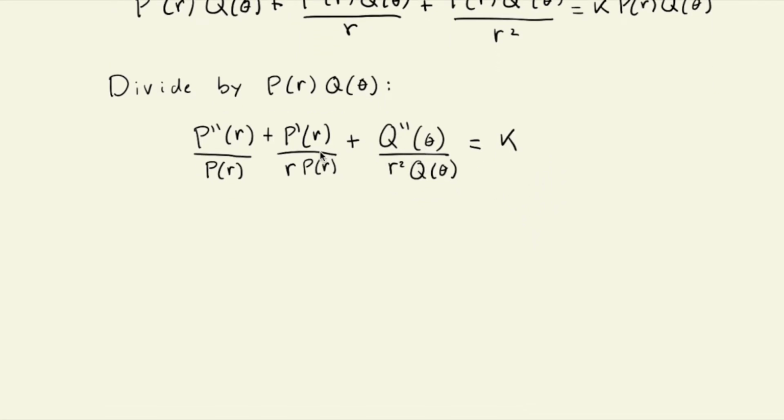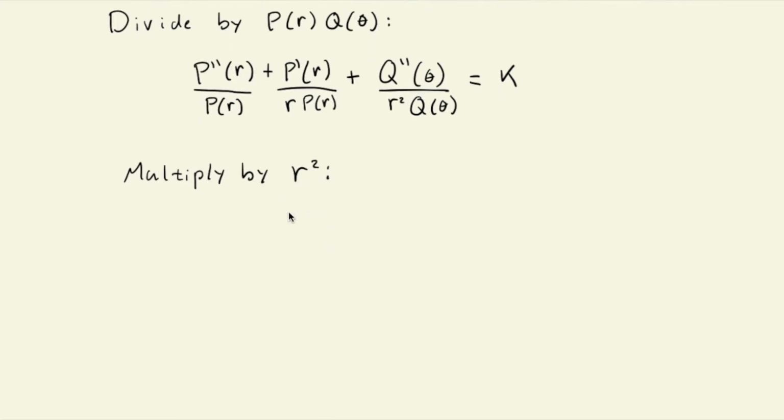So now we're almost happy with the situation. The thetas and the r's are pretty separate, but you still have this r squared here, which is easy to get rid of. You just multiply by r squared on both sides. So we're going to get r squared p prime prime of r over p plus, now the r squared cancels one of the r's there.